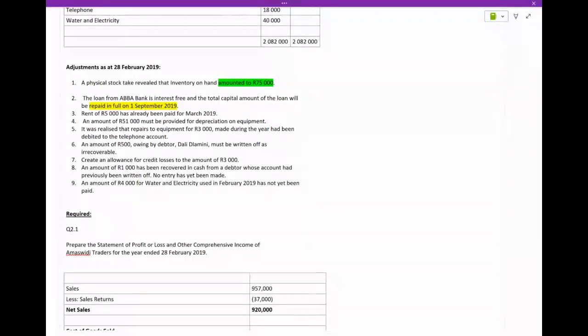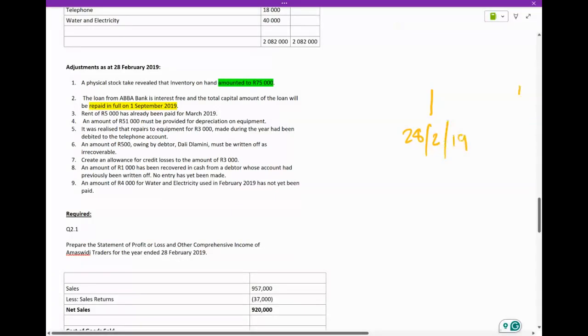This 1 September 2019 is outside our financial year, isn't it? Because our financial year obviously ends 28 February 2019. It's out of our financial year. Why are we interested in this then? What is the relevance?